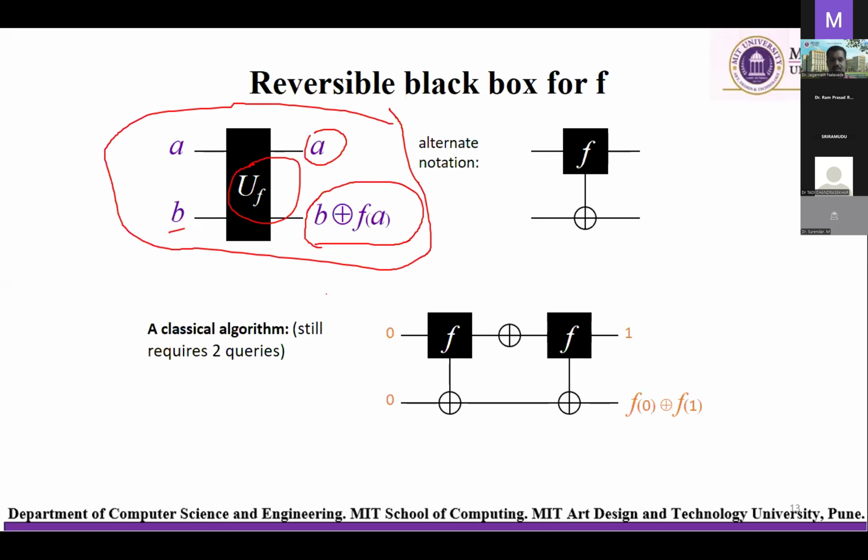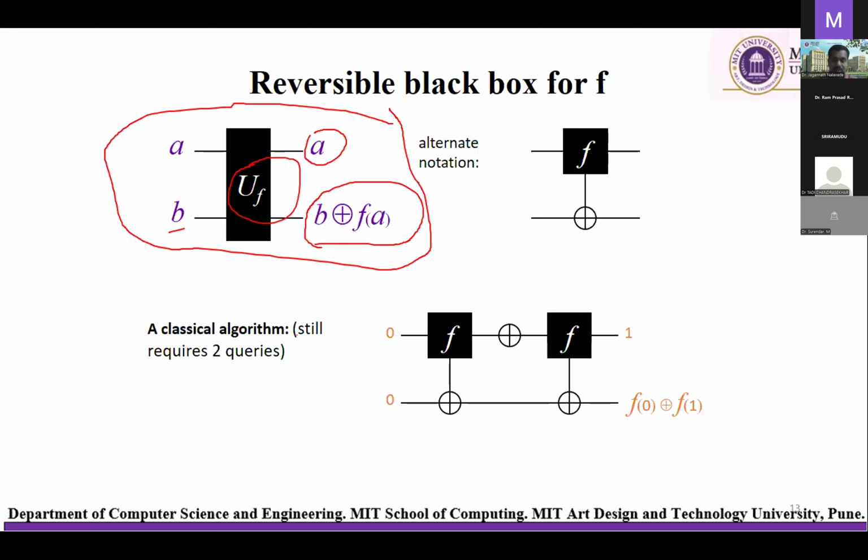Now, the problem given by Deutsch requires two queries to solve by a classical computer. If you want to solve this problem using a classical algorithm or classical computer, it will take two queries.